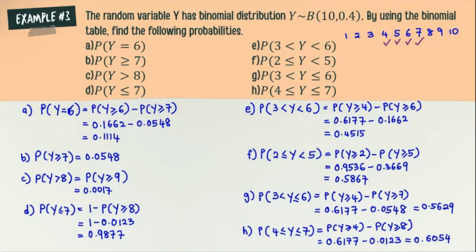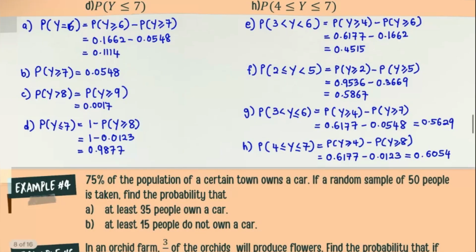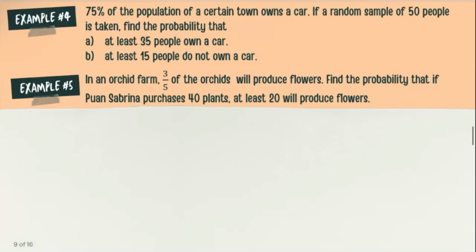So we can't read directly from the table. What will we do? Example 4: 75% of the population of a certain town owns a car.